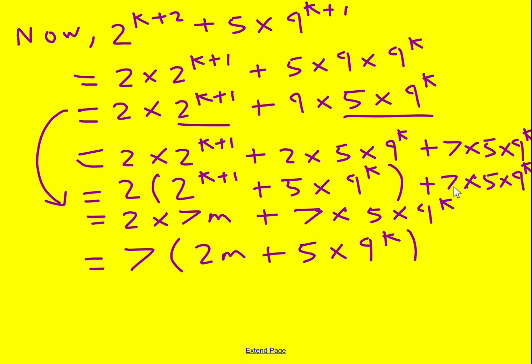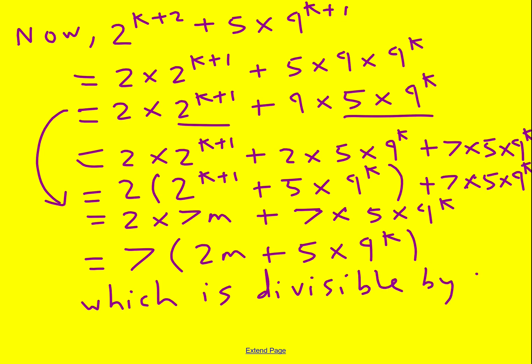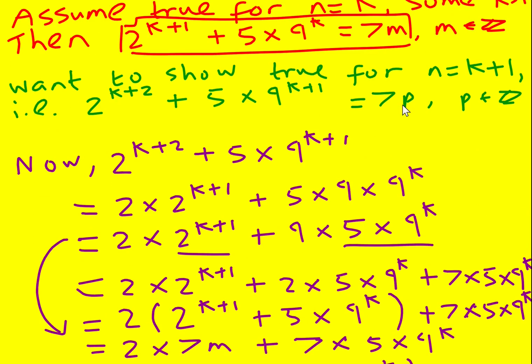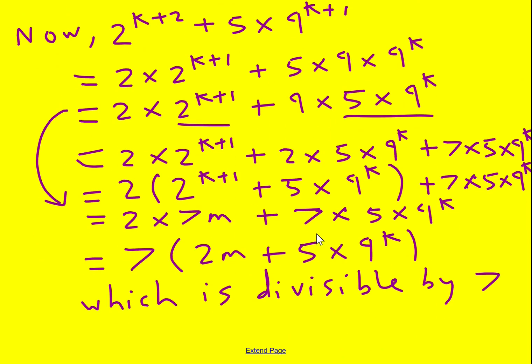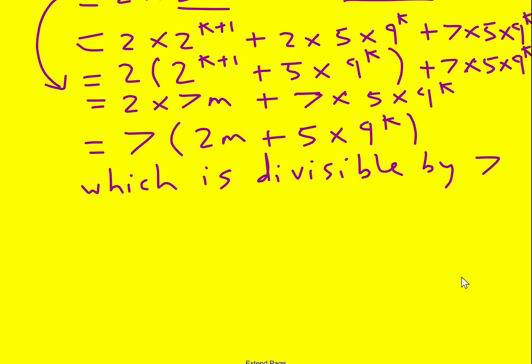And then what I'm left over with, brilliantly, is something that is also a multiple of 7. So I've brought it in together, and now I can simply say which is divisible by 7, because I've taken out a factor of 7. And the thing I had before is p. Okay, I could say that if I want to, but I don't think I need to.